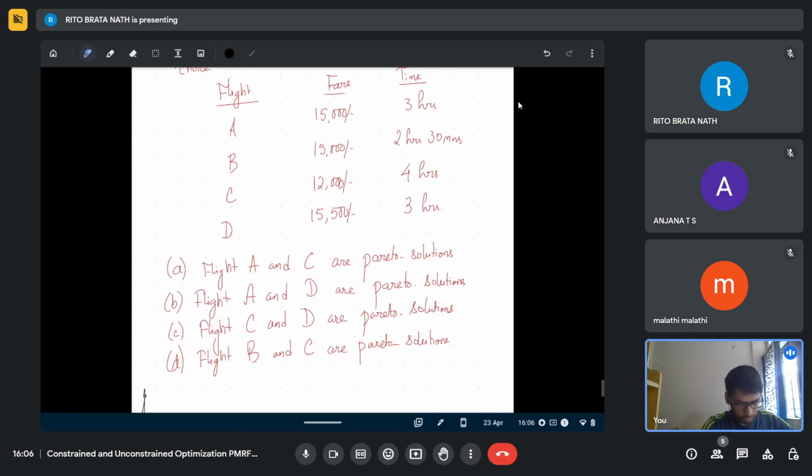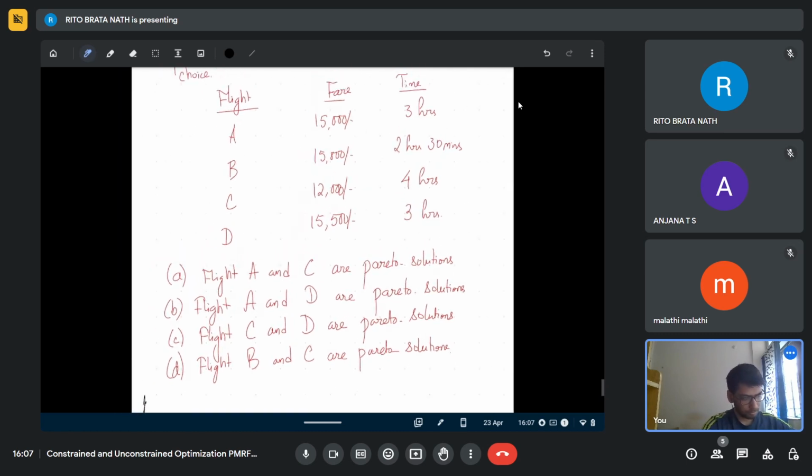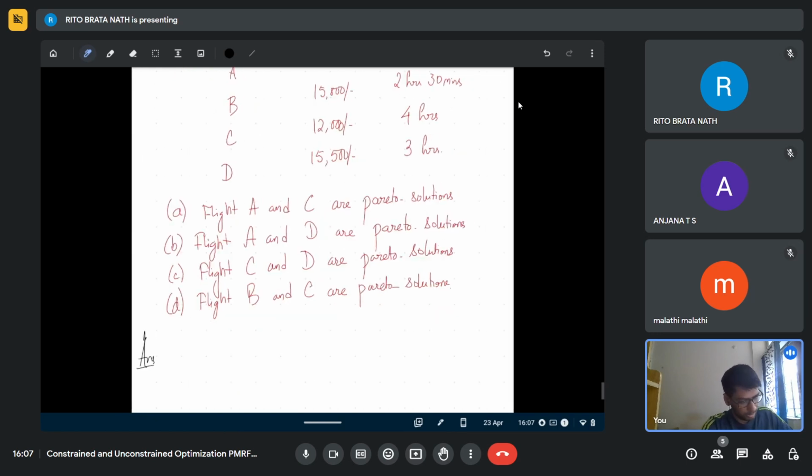So the way you can solve it is, let's check the first column, which is the fare column, and check for flights which are having the same price. So flight A and B are having the same fare, right?